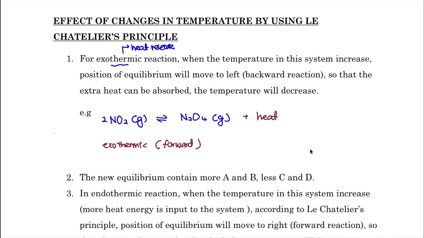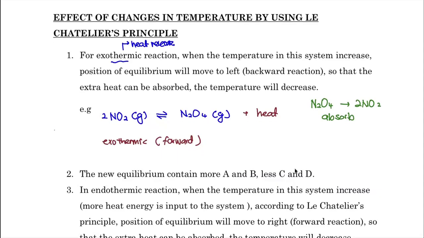So what does it mean? It means if I have N₂O₄ changing to NO₂, this is absorbed heat, not released heat. This is the reverse reaction, the backward reaction, which absorbs heat.